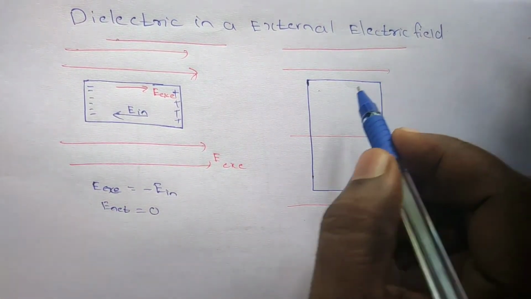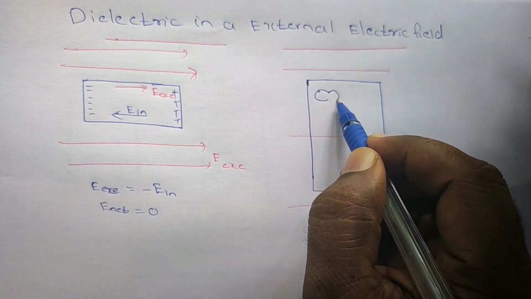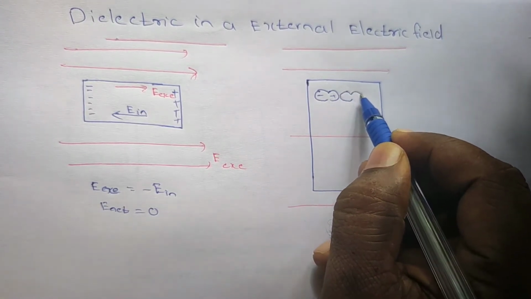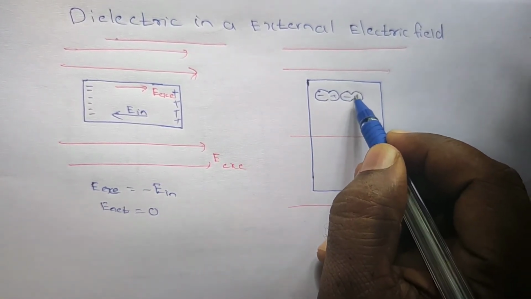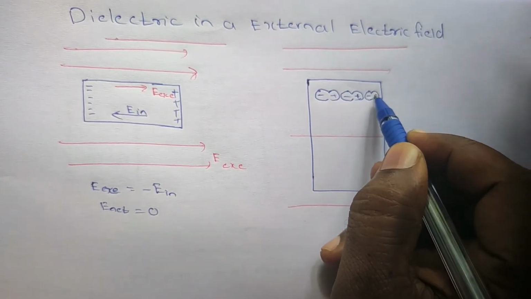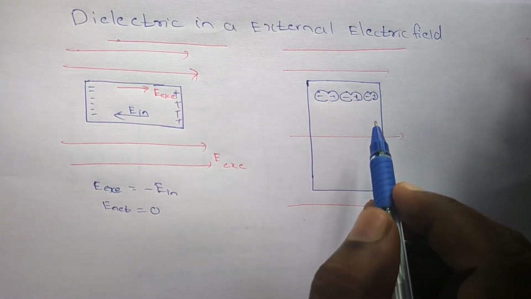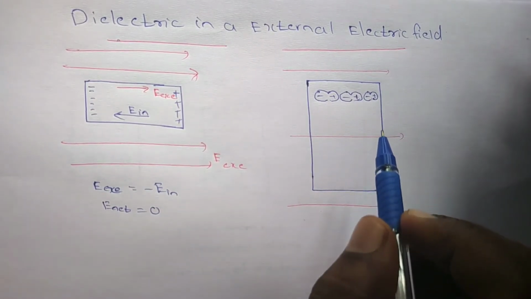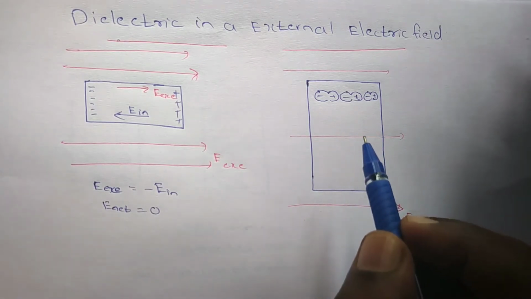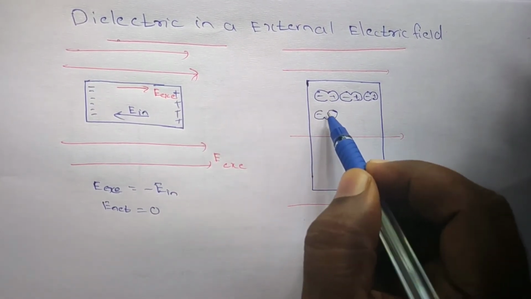Due to the external electric field, all the negative charges are at one end, reoriented. These dielectric molecules and atoms do not have the capacity to move, so due to stretching or reorientation, an internal electric field is generated.